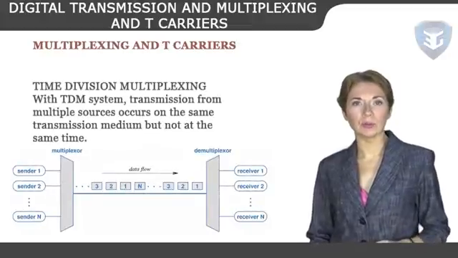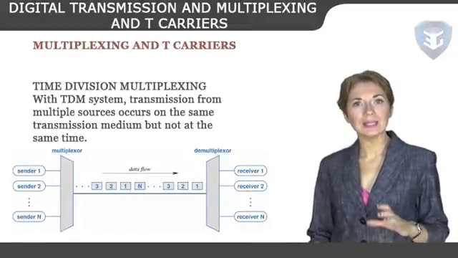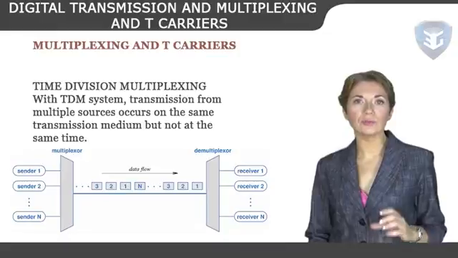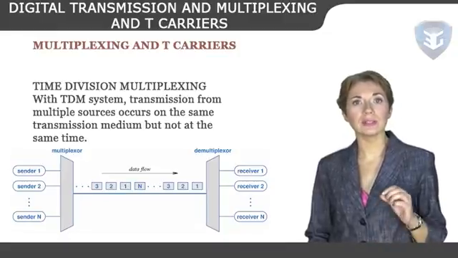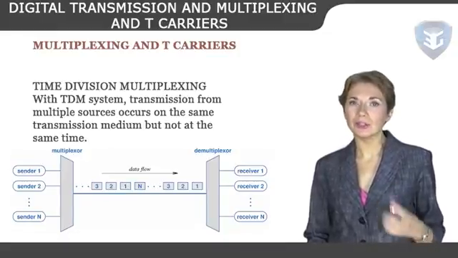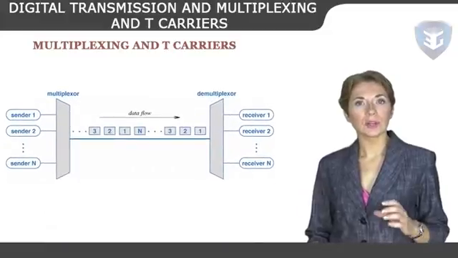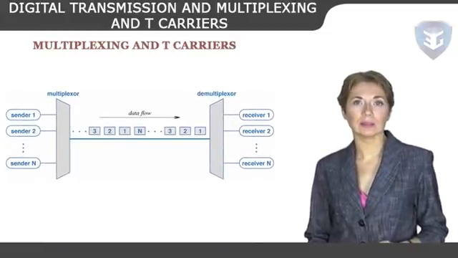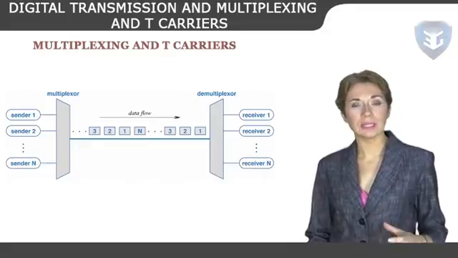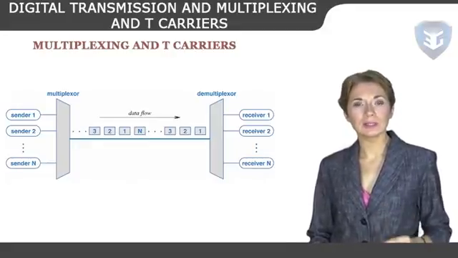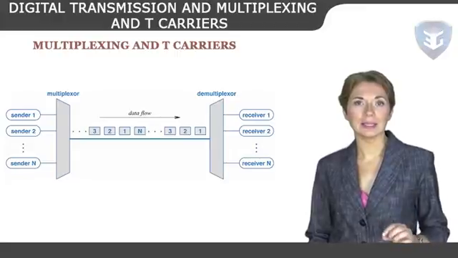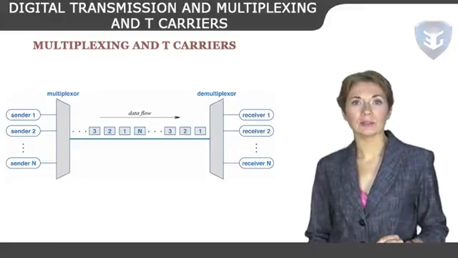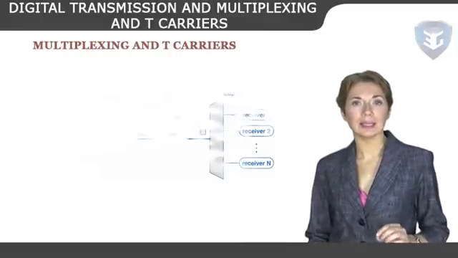Time division multiplexing. With a TDM system, transmission from multiple sources occurs on the same transmission medium, but not at the same time. Transmission from various sources is interleaved in time domain. The two basic forms of TDM are synchronous TDM, or STDM, and asynchronous or statistical TDM, STA-TDM.